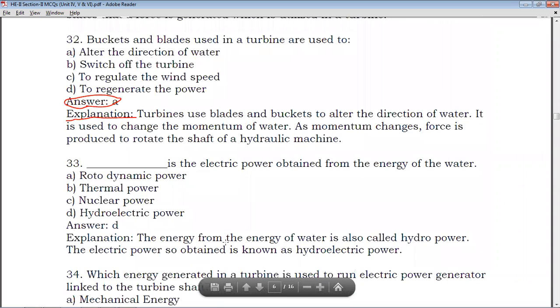Next, buckets and blades used in turbine are used to alter the direction of water.